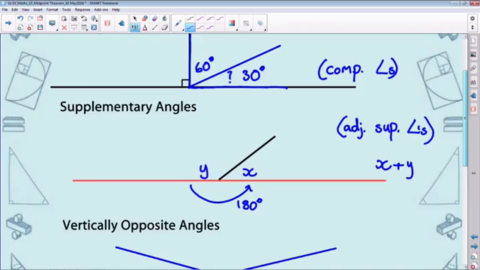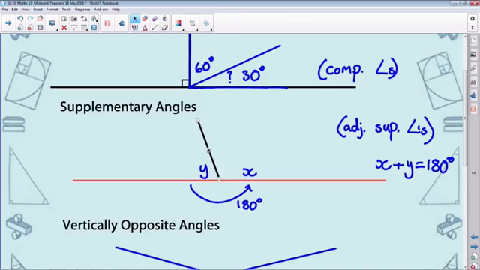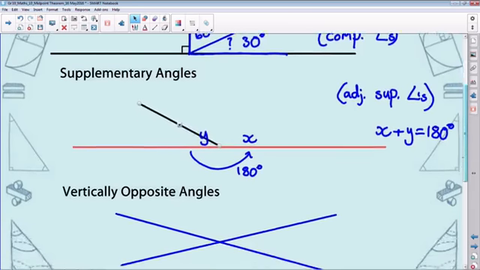So x plus y will equal 180 degrees. Even if I were to move this like that, still x plus y equals 180 degrees. If I make x very small, x plus y still equals 180 degrees. And y very, very small, it still equals 180 degrees.